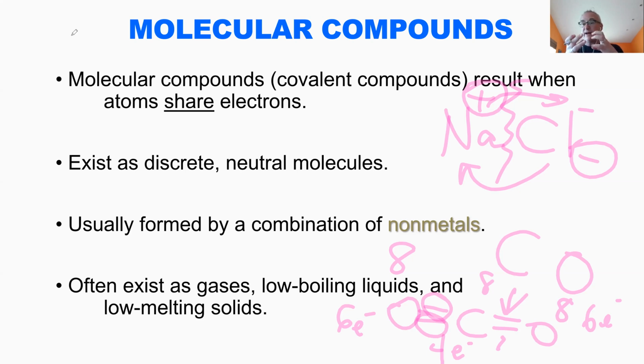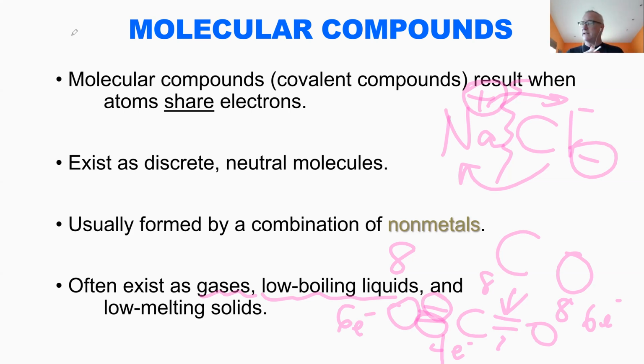So they often exist as gases or liquids with low boiling points, or solids with low melting points, because they don't break. They act as a unit, and we'll say a non-polar unit.